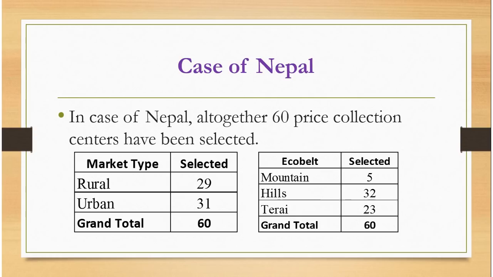So in case of Nepal, there are altogether 60 price collection centers in the CPI. Out of 60, 29 are rural price collection centers and 31 are from urban areas. In terms of ecological belt, 5 price collection centers are from the mountain region, 32 are from hills, and 23 are from the Terai region.